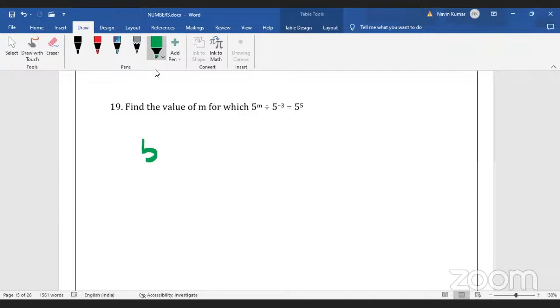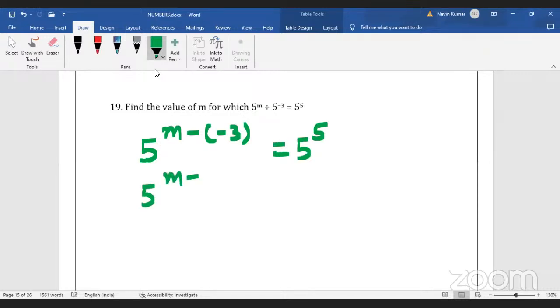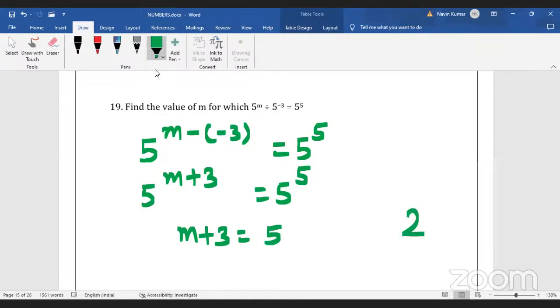So we can write 5 to the power of m minus 3 on the left side, and on the right side 5 to the power of 5. Now LHS and RHS, if the base is same, the power will be same. So m plus 3 will become 5. Value of m is 2.